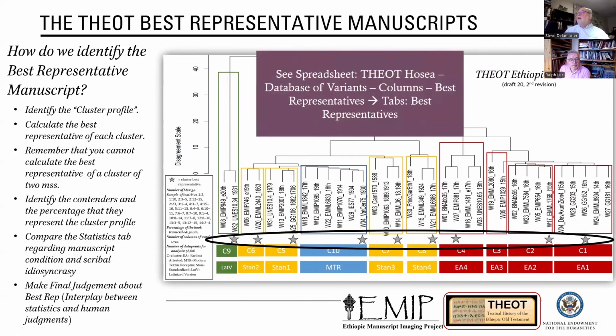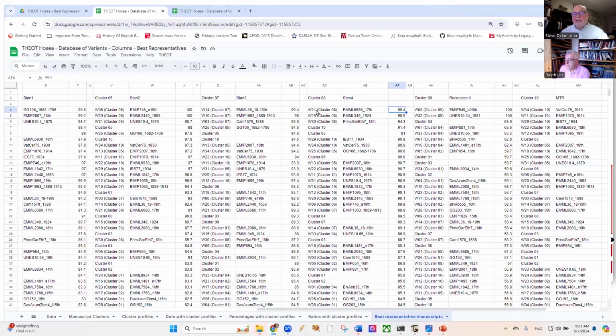When we run this calculation of the best representatives, it shows us, as I mentioned, the contenders for the best representative. And this is merely, as you see now, a statistical profile. And there are 2 reasons why the manuscript that shows up at the top might not actually be the best representative of the cluster.